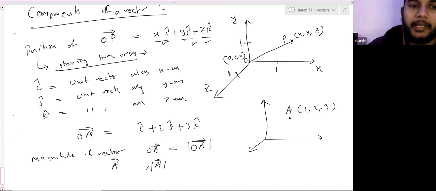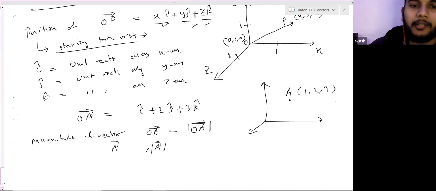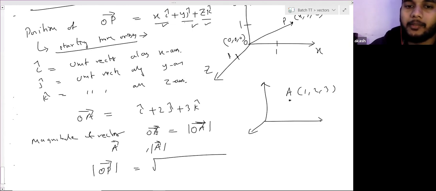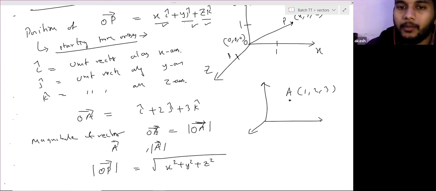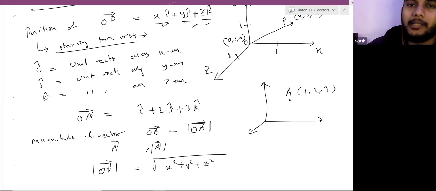So if you have to find the magnitude of any vector, suppose I have to find magnitude of OP vector, then you can easily find it by squaring the coefficients and taking under root. All right, very simple. Just find the coefficients of i, j, and k with sign, square them, add them, take under root.